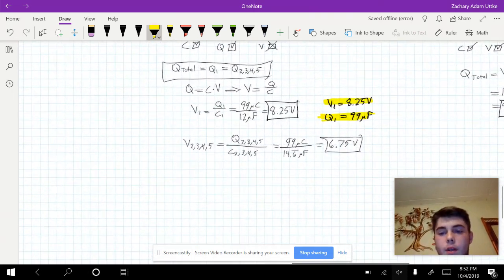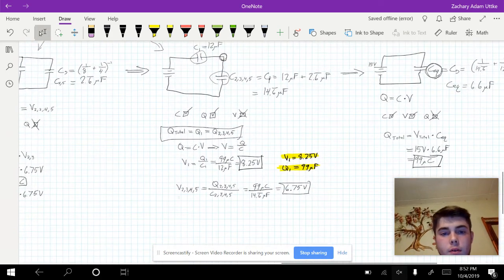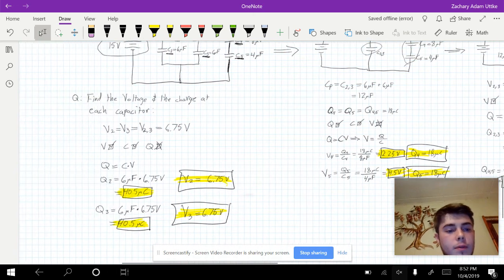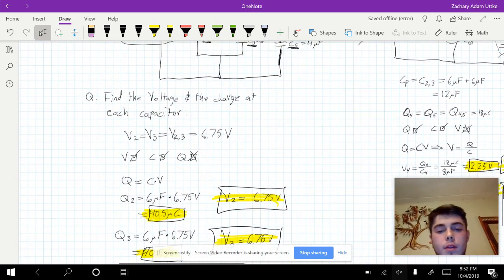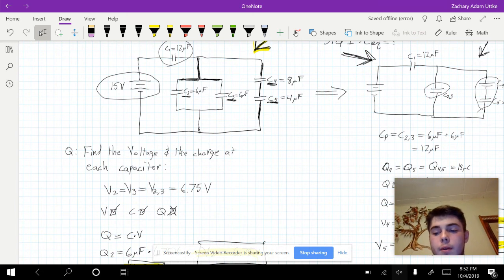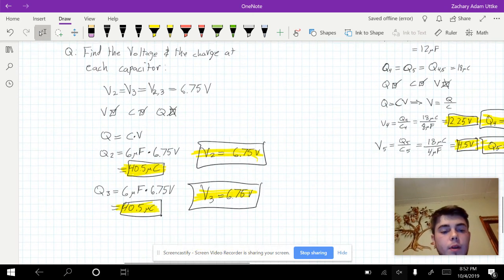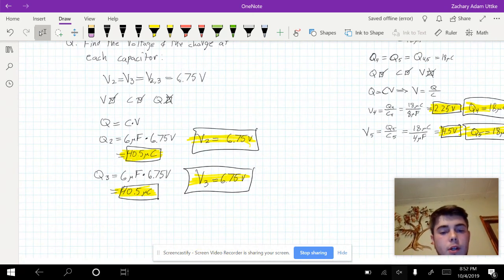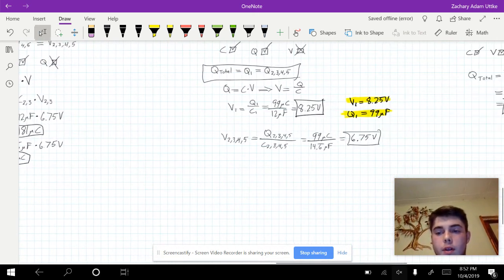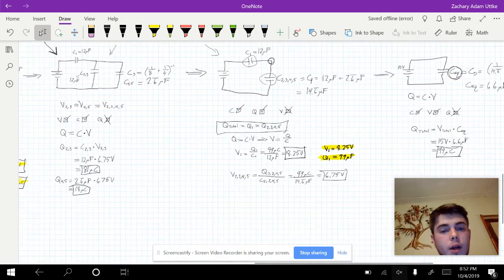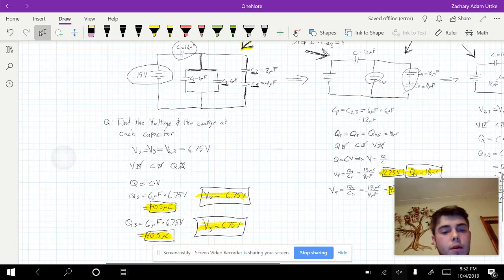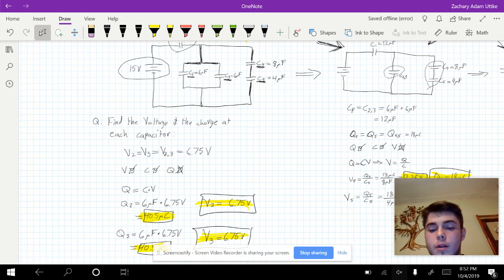And we have V1 and Q1, and that's it. That's all that we had to calculate. So our question was, find the voltage and the charge at each capacitor. So the circuit contains 5 different capacitors. We have the voltage and charge at 2 and 3, 4 and 5, and 1. Alright, so that's how you work backwards to find the voltage and charge at each capacitor.